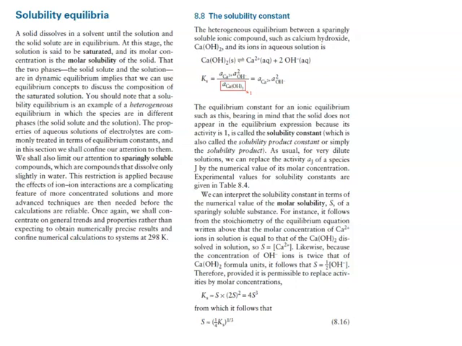So, the solubility constant. The heterogeneous equilibrium between sparingly soluble ionic compounds such as calcium hydroxide and its ions in aqueous solution is as follows, where we have our calcium hydroxide in solid form, Ca(OH)2, in equilibrium with calcium and 2 equivalents of hydroxide.